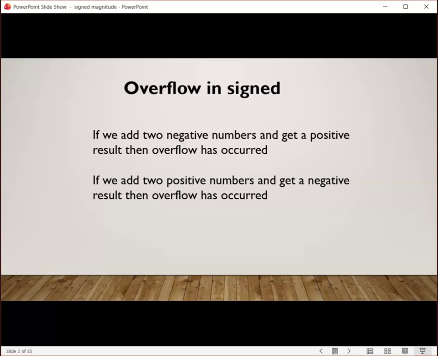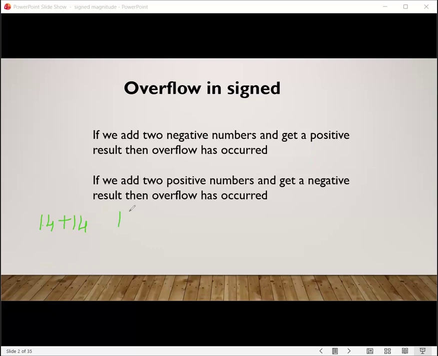The system must detect overflow and handle it. So let's see a few more examples. For signed numbers, let's add two numbers, that is 14 plus 14.